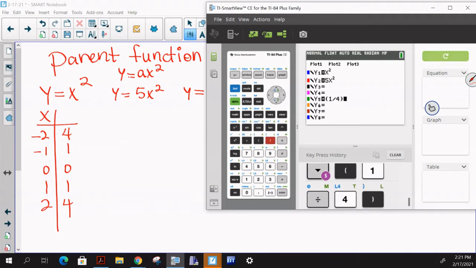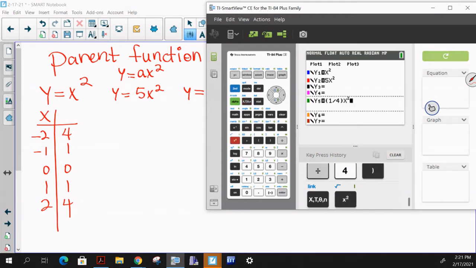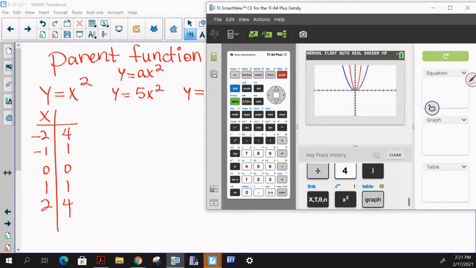So then x squared. And we'll let that graph it. Now check it out. All of you are right. That graph is one that is wider. It's actually what we call a vertical compression.